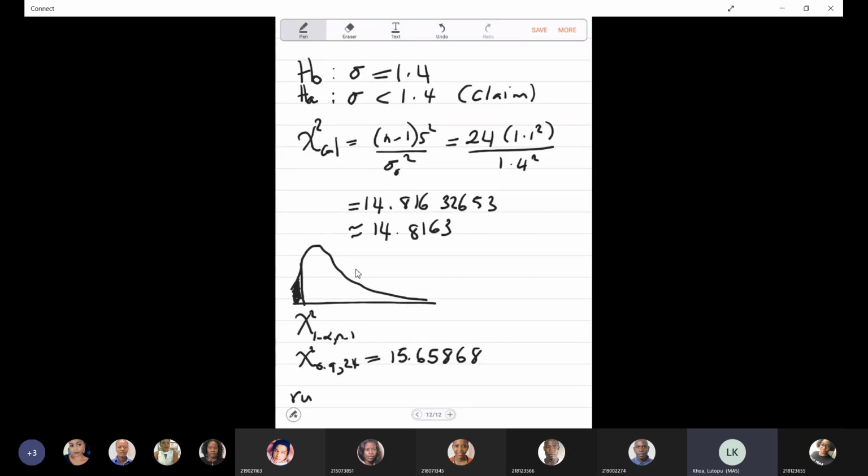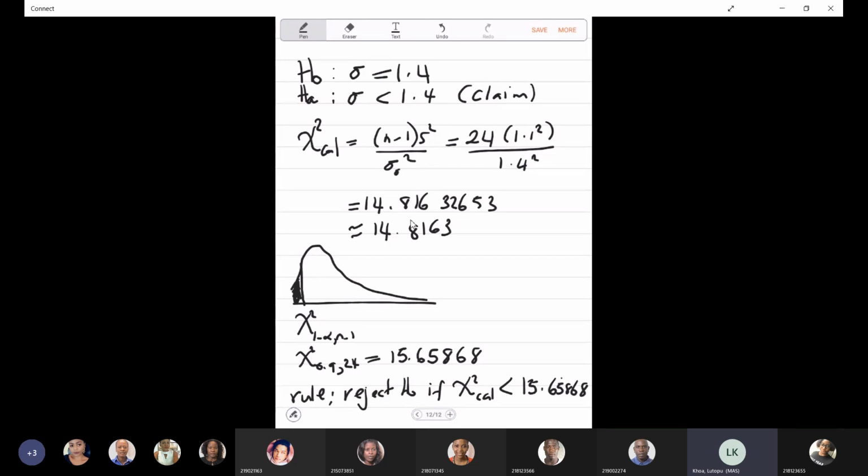Then you state what your decision rule is. You say, I will reject H naught if the chi-square that I calculate is less than 15.65868, because that means it will fall in this rejection region.